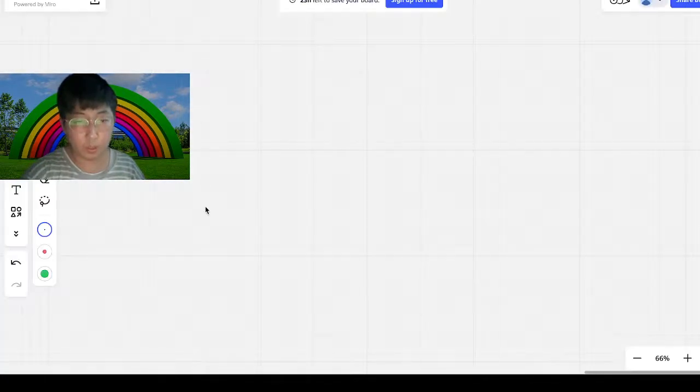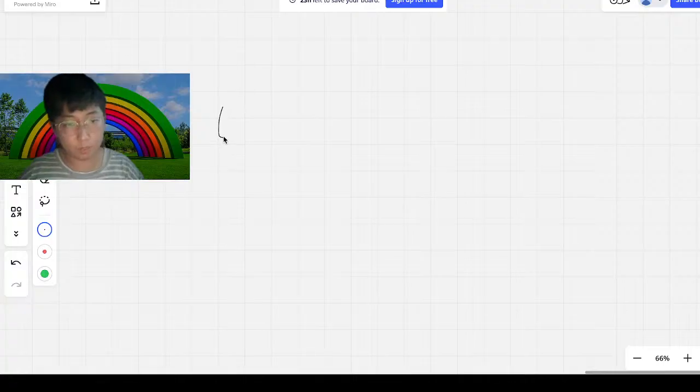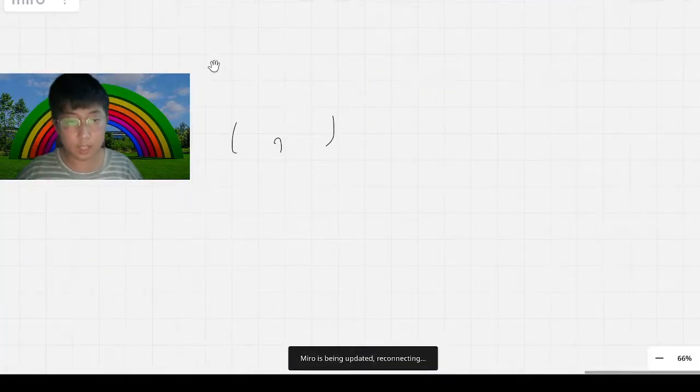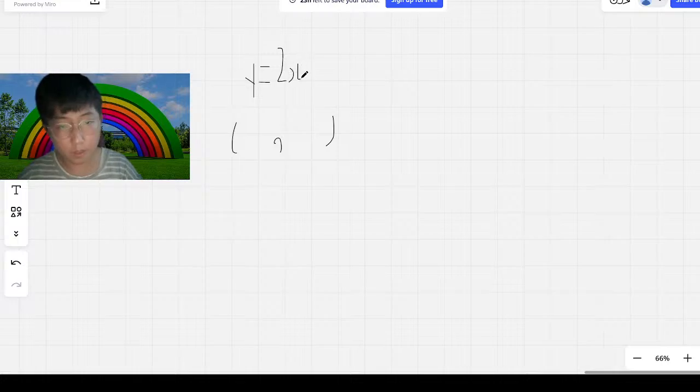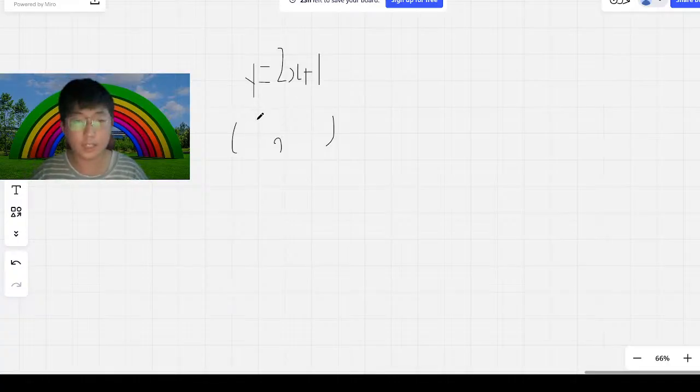So if we were given, let's say, a line y equals 2x plus 1, and let's say we want to find a perpendicular bisector of the line, which passes through the midpoint, which let's say is (1, 3).